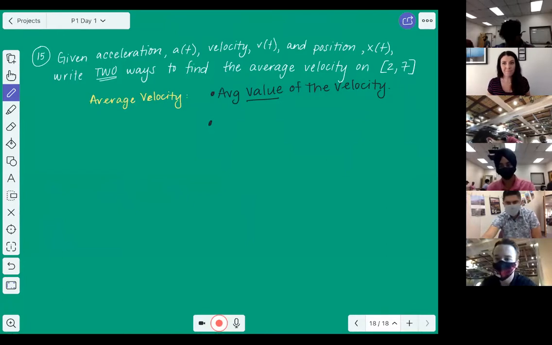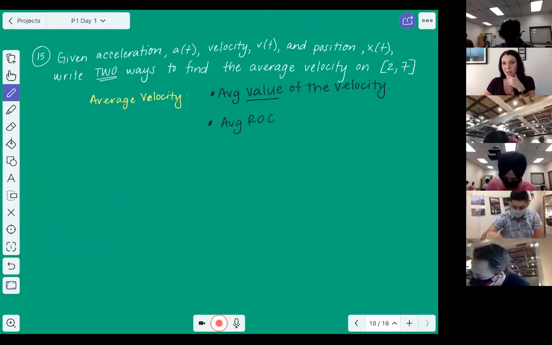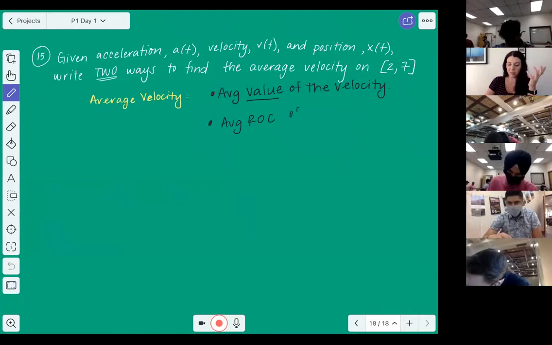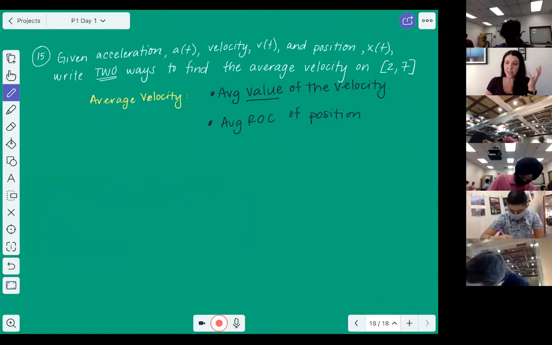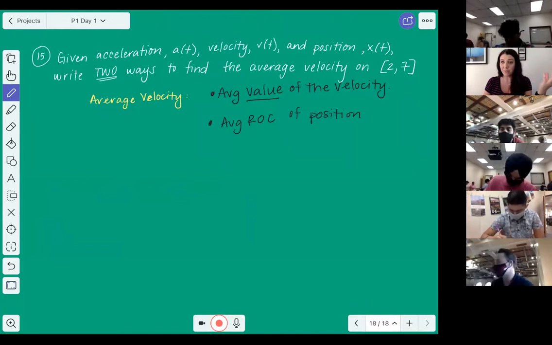The average slope of acceleration. So you're close. I wouldn't say average slope. I would say the other words that we have. So average rate of change. But it's not of acceleration. Of position? Of position, right? So average value of velocity gives me average velocity, but so does the average rate of change of position.